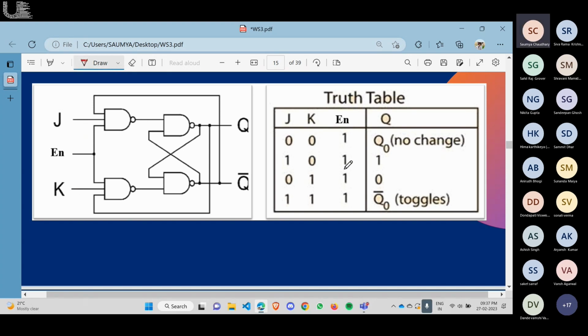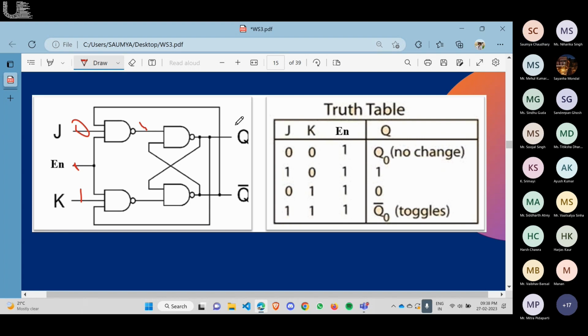Similarly, if we have it, we get 1, and it will depend because both the inputs are 1 and 1. If we have 0, this will give 1. If we have 1, this will give 0. So it will depend on the third input of the NAND gate.